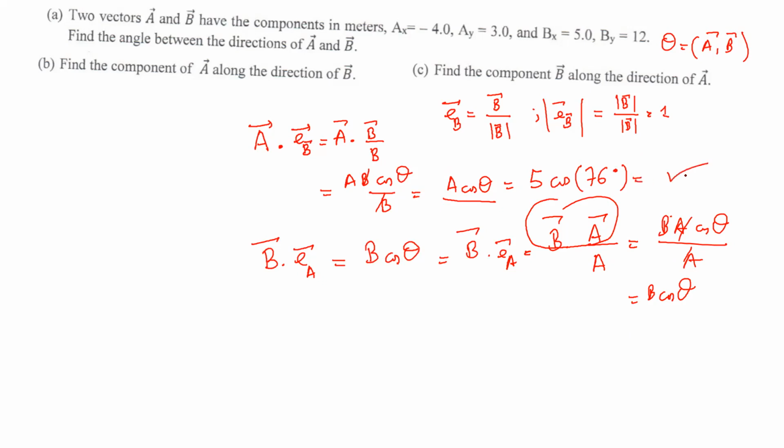And then I get the component of A along the direction of B. Sometimes we call it A along B, and here I will call it B along A. So B along A here will be just 13, because you remember that the magnitude of B is just square root of 5 squared plus 12 squared, which is 13, multiplied by cosine theta. And I already know the angle theta was 76 degrees or 75.7. And then I get the component of B along the direction of A.